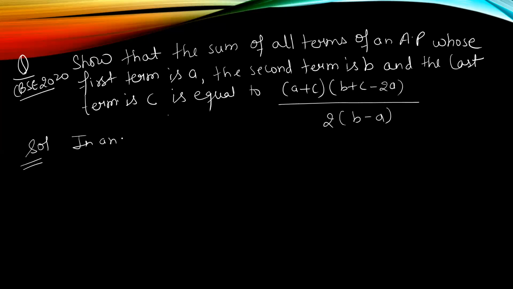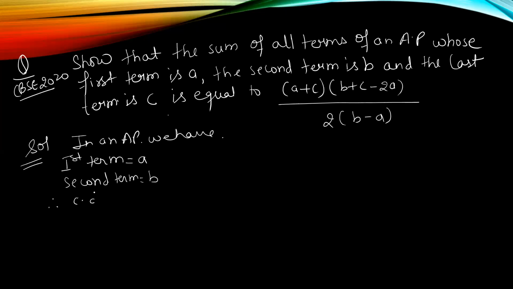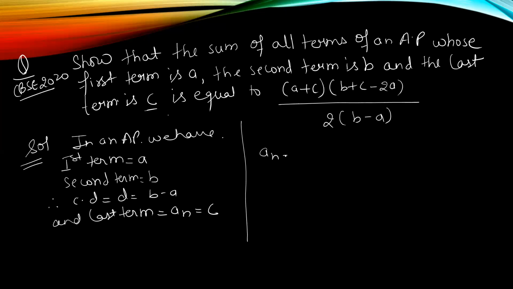Now, in an AP, we are provided with the first term A and the second term B. Therefore, our common difference D is B minus A, right? And the last term is provided to us as An equal to C. So what is the formula for An?